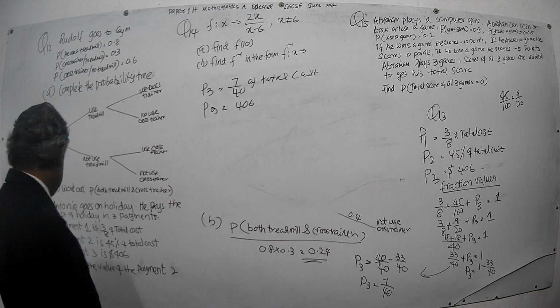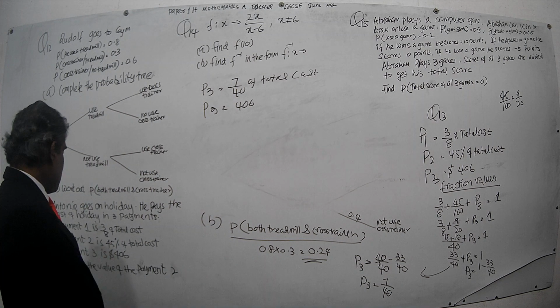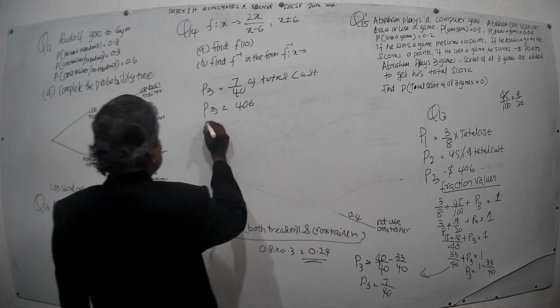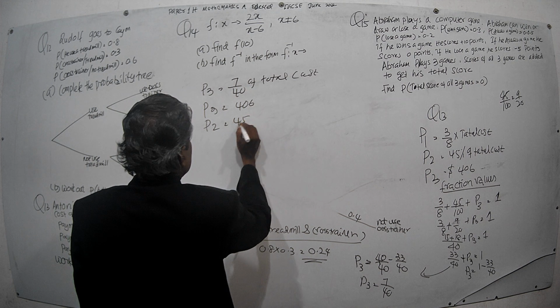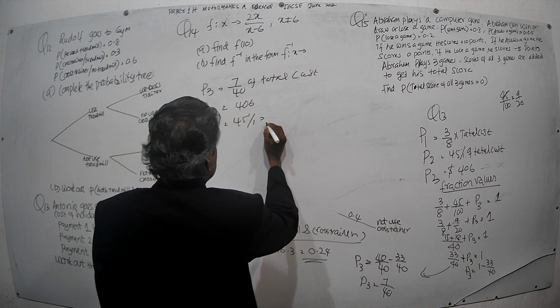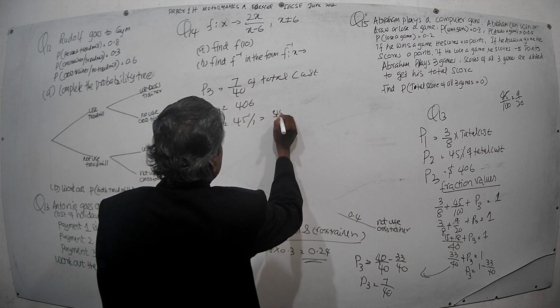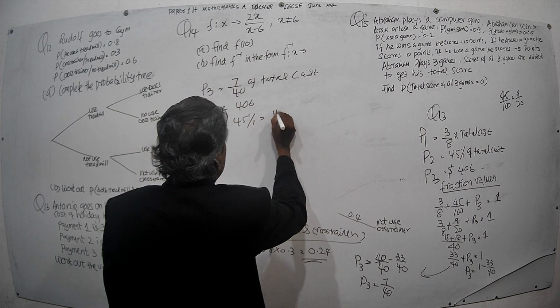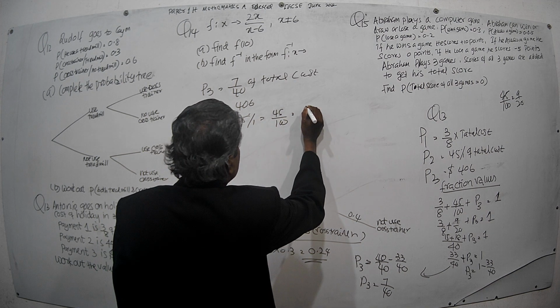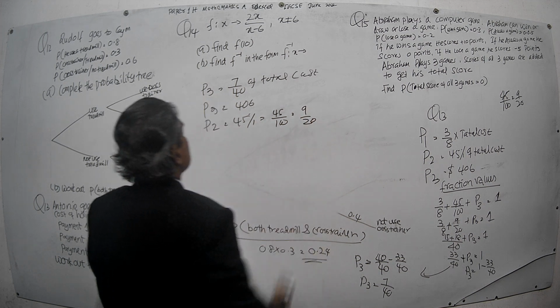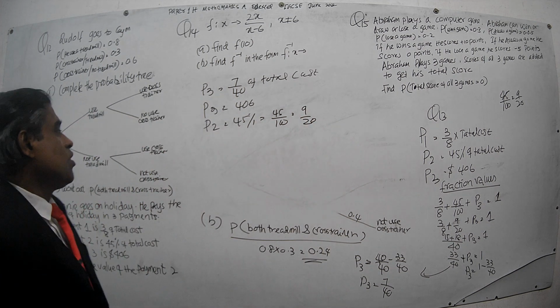Now, what is this one? Payments of the P2. We will take P2. P2 payment is how much? 45%. 100 means what is the fraction? 45 over 100. That means 9 over 20. This one. Okay, 9 over 20.